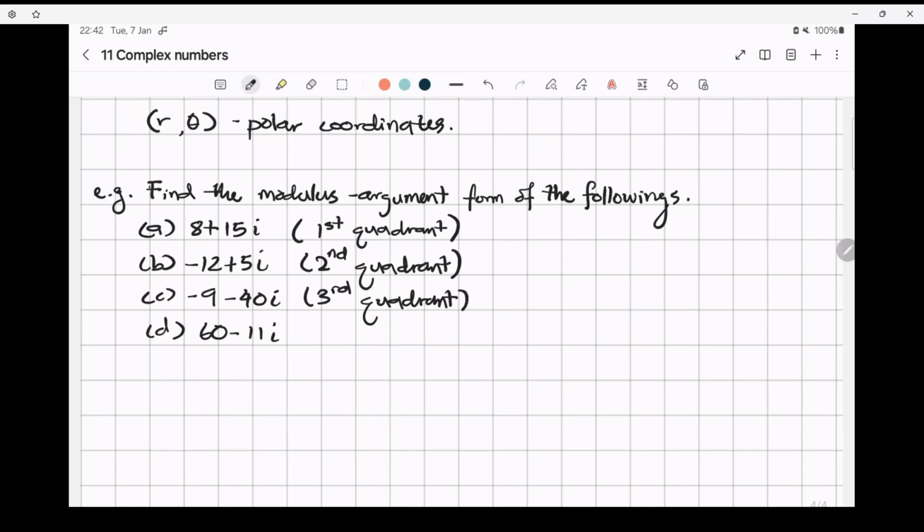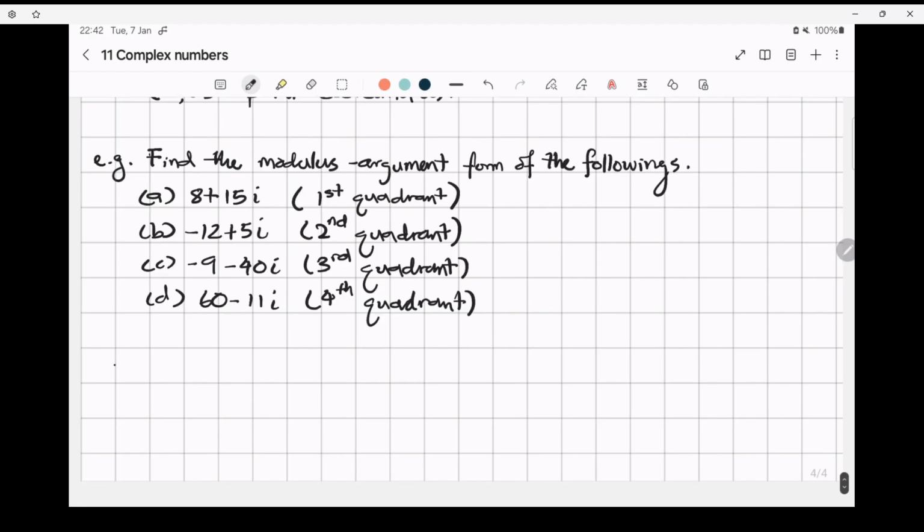And finally, 60 minus 11i will be in your fourth quadrant. So pay close attention to how I would calculate the argument from minus pi to pi. So let's start from the very beginning.